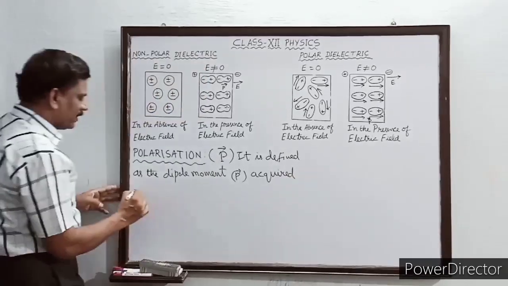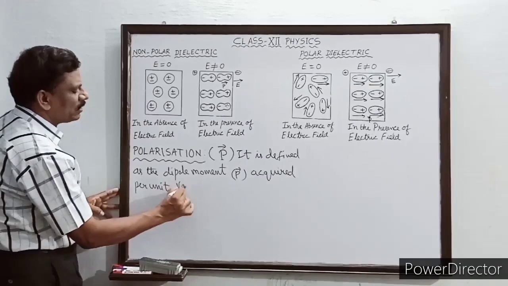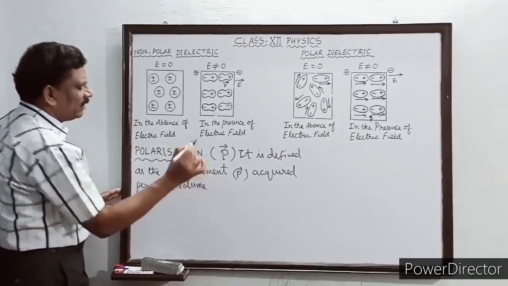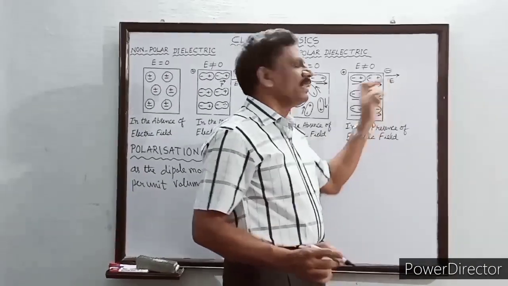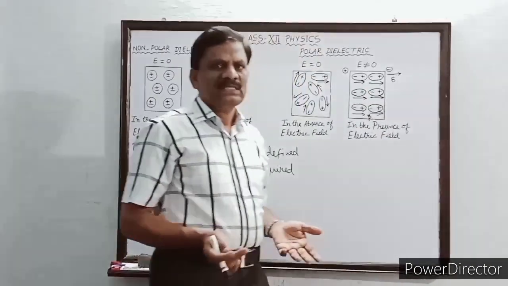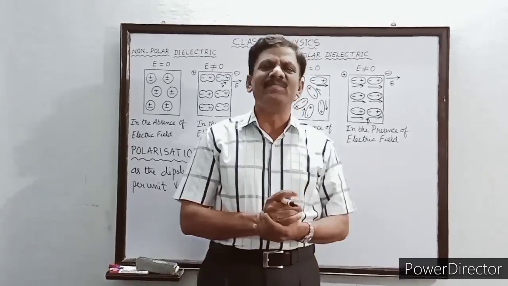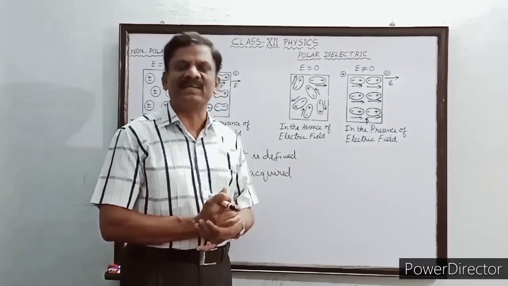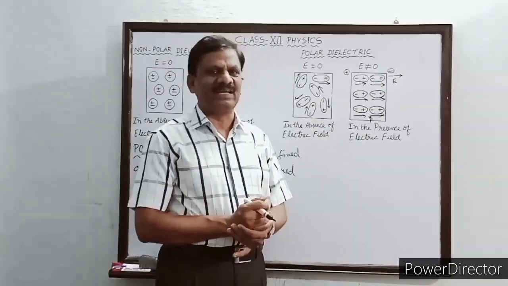This is a new definition, and now you will see that the direction of the dipole moment and the electric field are one and the same. That means it is a linear isotropic dielectric, where dipole moment and the electric field are in the same direction.